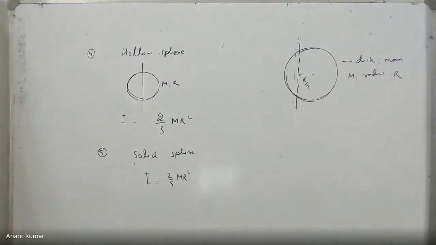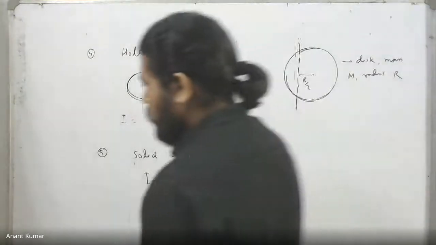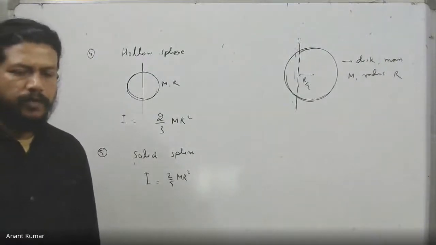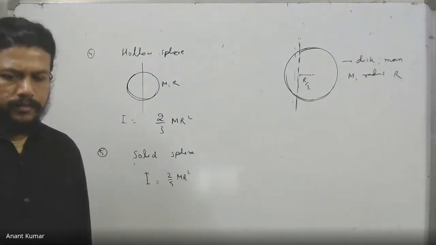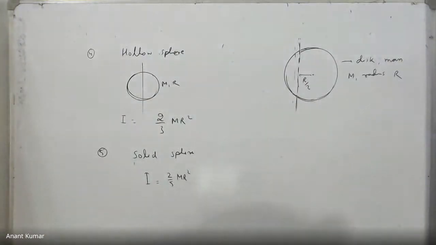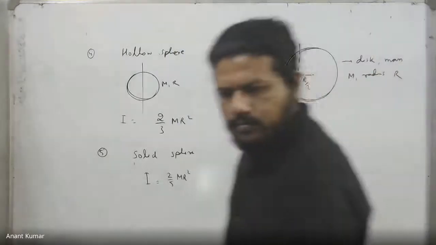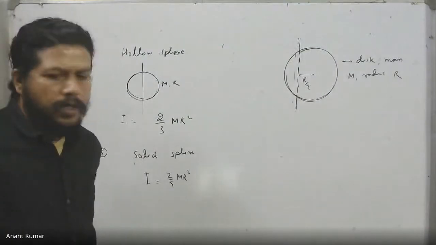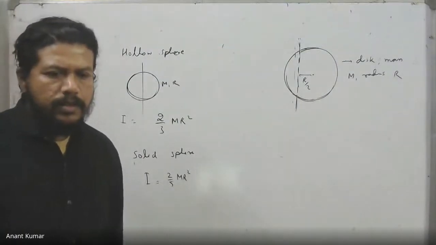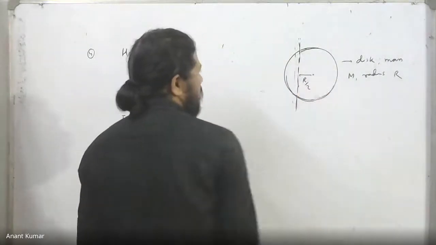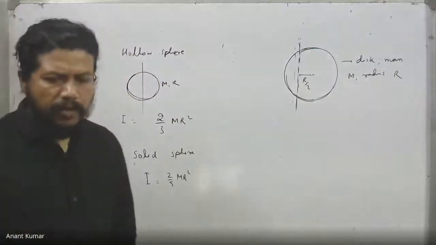Moment of inertia about an axis that is at a distance R by 2 from the center, lying on the plane of the disk. How much will the moment of inertia be over there? Half M R square. No, half M R square is already about the central axis. If the axis passes perpendicular to the disk, in that case it would have been half M R square. Is it coming out with half M R square?